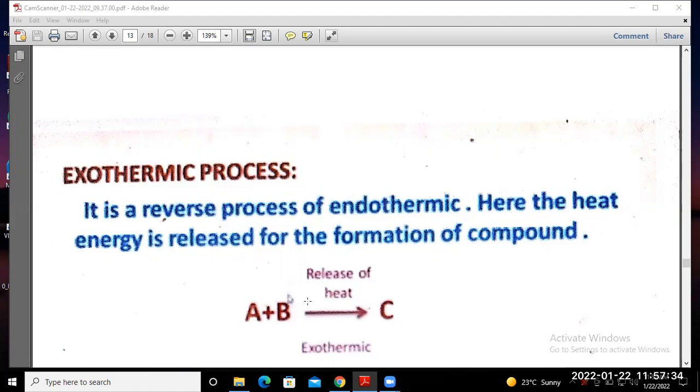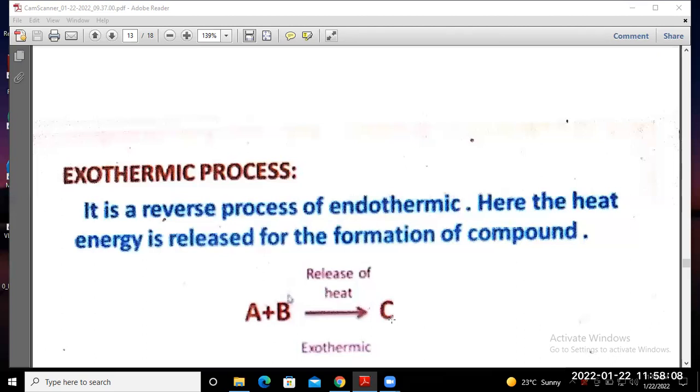So you may consider another example. In exothermic, you consider H2 and oxygen, and it will make water, H2O. And in endothermic, H2O, one particle, if heat is absorbed, then makes oxygen and hydrogen gas.